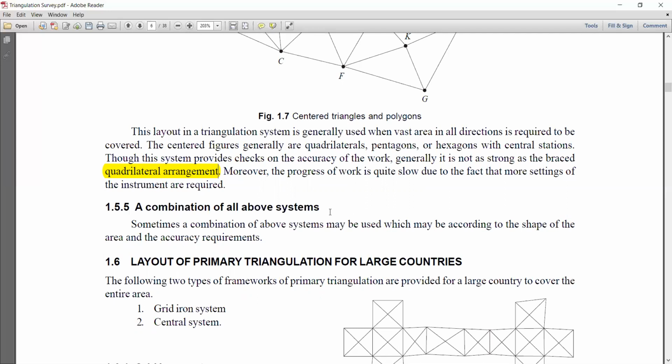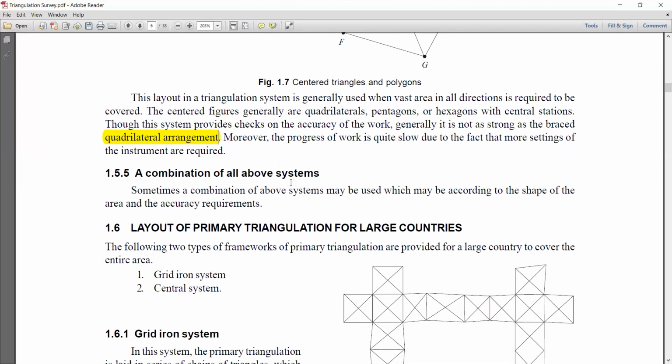Next, the next one is a combination of the above systems. As we discussed above, a triangle, quadrilateral, and polygonal. Sometimes, as per the requirement, a combination of the above systems may also be used, according to the shape of the area and accuracy requirements. As per the requirement, you may merge or form a different system by combining all of those systems.